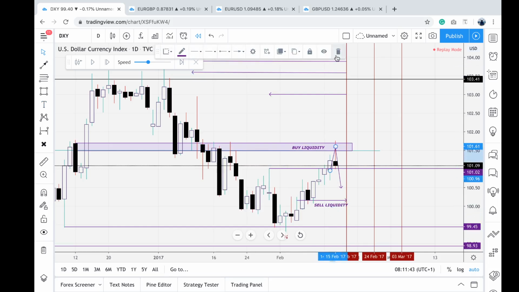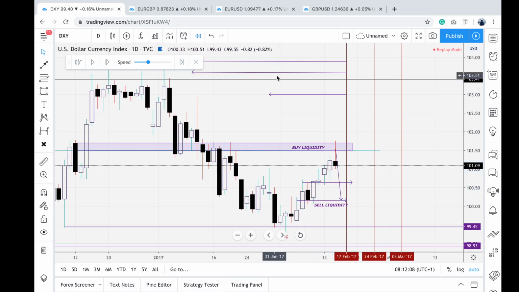We got our level precisely, so no need of this level. Sell liquidity of that level. So our first target obviously to the downside will be this support level, and then the next level would be this support level, as downside targets on the DXY.